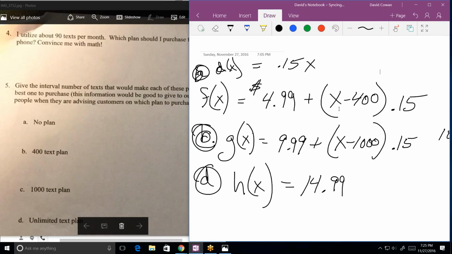Question is, what if you choose the $4.99 plan and you only use 100 minutes? Then you got to make sure the cost comes out to be $4.99, and our function doesn't do that. Right. So how can we write that function so this part of it turns out to be 0 if x is less than 400?